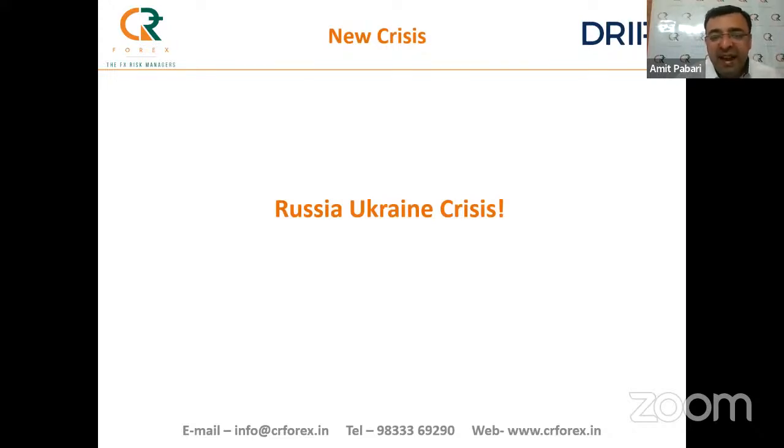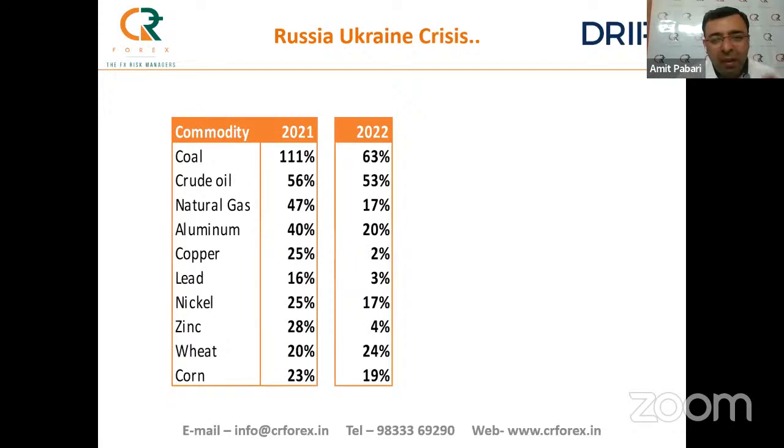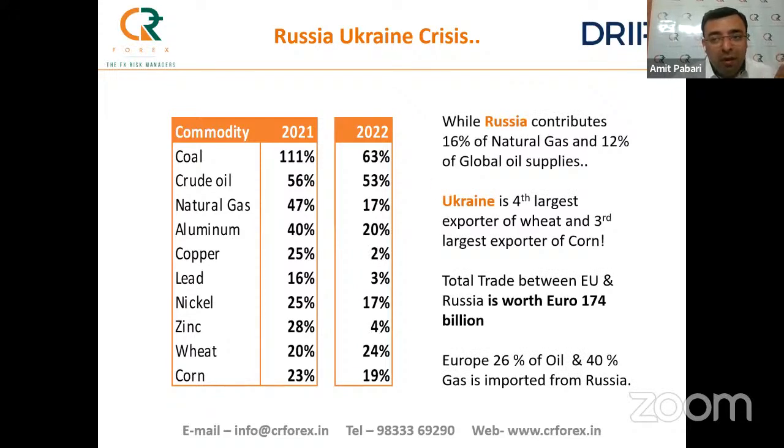Let us understand that. सबसे पहला impact, रशिया और यूक्रेन का crisis होगा, that inflation which was there will be added more. अगर हम 2 वीक की बात करें और पूरे 2022 में बात करें, coal, crude oil, natural gas, metals, they have all gone up. And with this crisis, the prices will be at a higher level only.